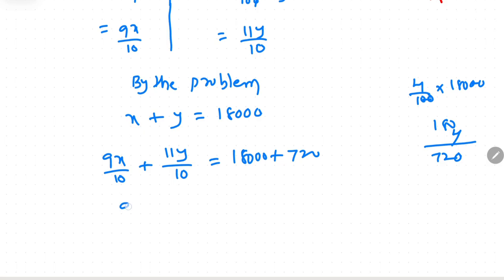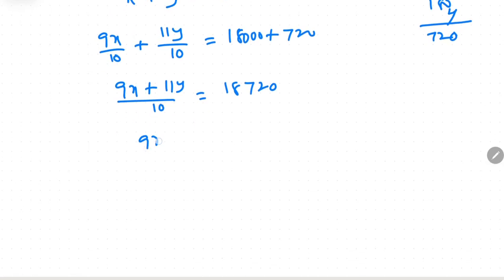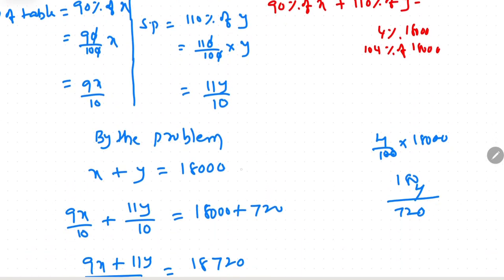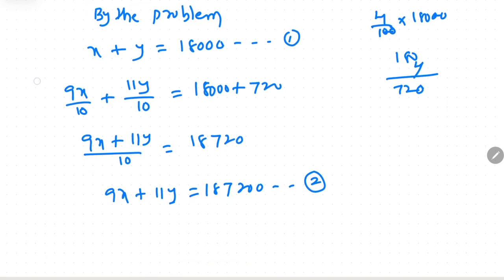Therefore here we can write 9x by 10 plus 11y by 10 is equal to 18,720. On transposing, 9x plus 11y is equal to 1,87,200. It is equation 2, and x plus y equals 18,000 is equation 1.